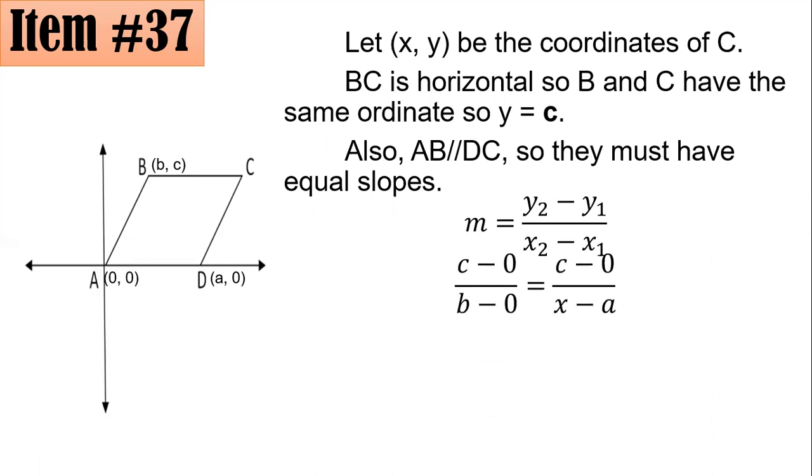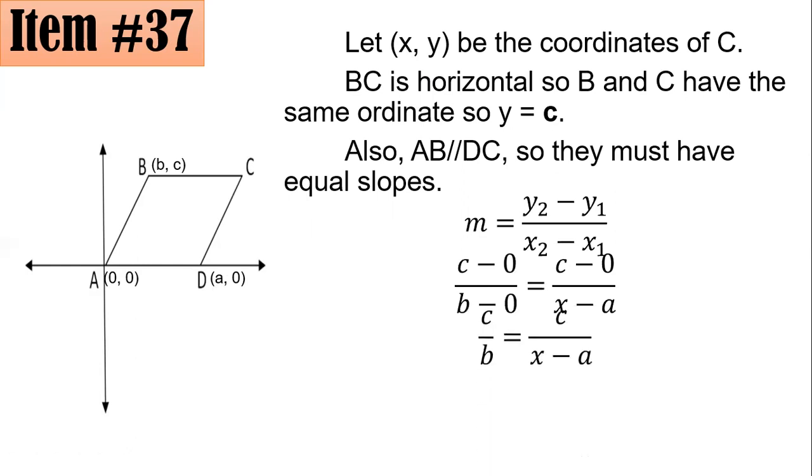So by substitution for the slope here, we have c minus 0 all over b minus 0. For the other side, it should be y minus 0, but y now is c. So we have c minus 0 all over x minus a.